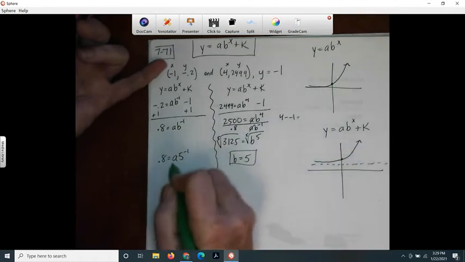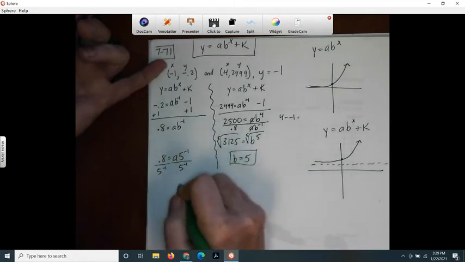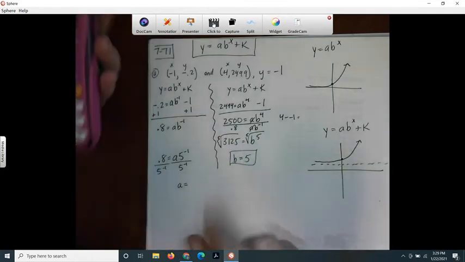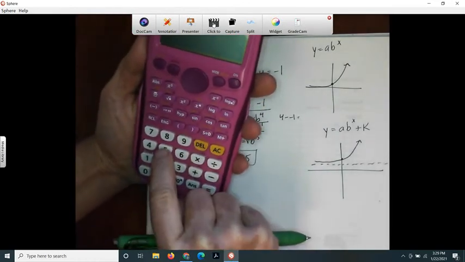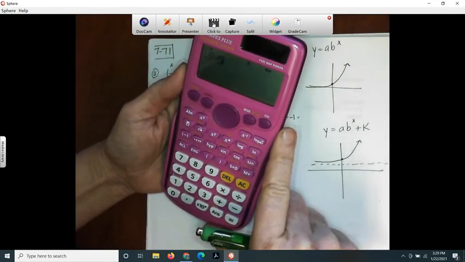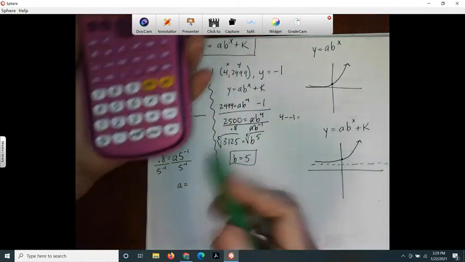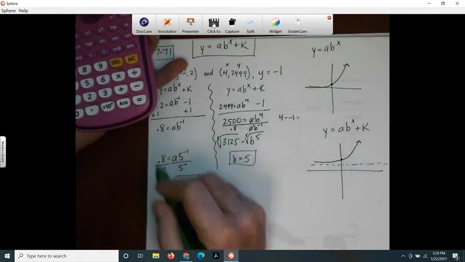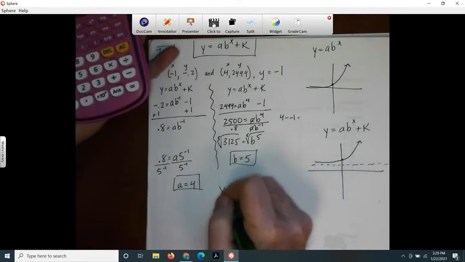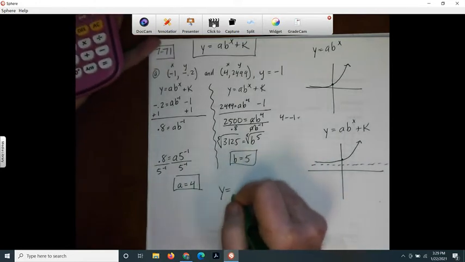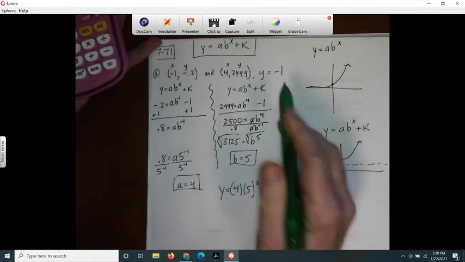So if I divide both sides by 5 to the -1, then a is equal to whatever 0.8 divided by 5 to the negative 1 is. Oh, it's 4. Okay, I could have done that a different way, I think. So now I know a and b, so I'm done with letter A. y equals 4 times 5 to the x, and then the asymptote was negative 1.